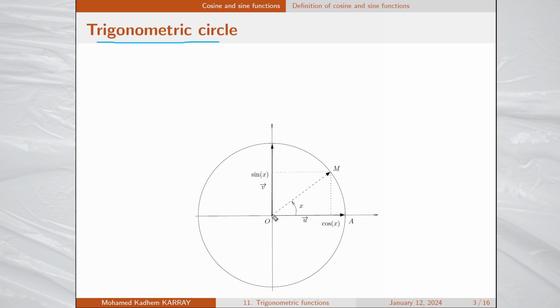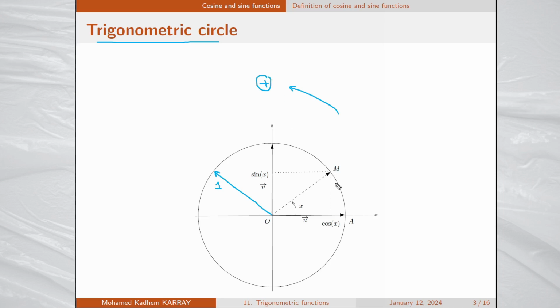And consider a circle with center O and radius 1. On this circle, we shall also define a direction which is called the trigonometric direction, which is the opposite of the clockwise direction. So we say that the trigonometric direction is counterclockwise.